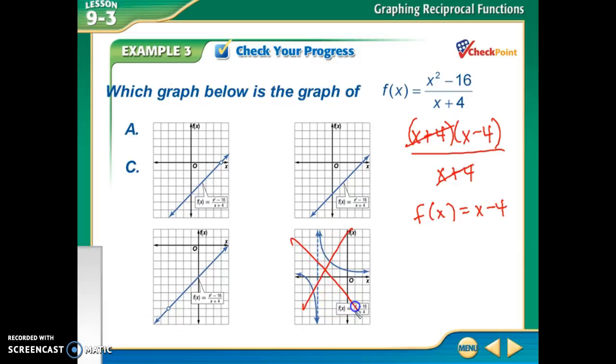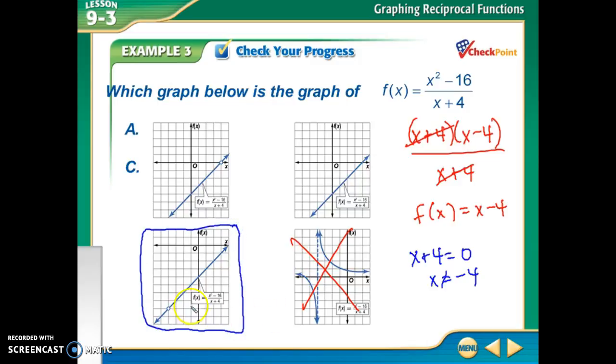So we can cross out this answer choice down here, so that these three work. But then I do also have that point of discontinuity, because x plus 4 can't equal 0, so that means that x can't equal -4. So if I look at -4 on my graph, I've got to have this open circle, that point of discontinuity. So I have to skip over that. I don't actually have a value there.